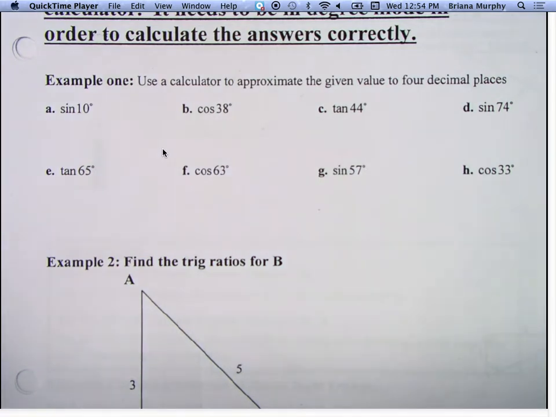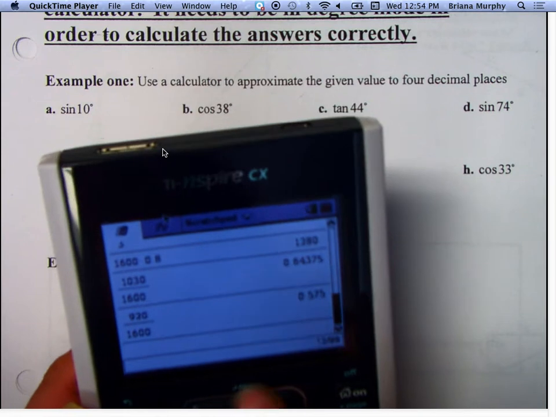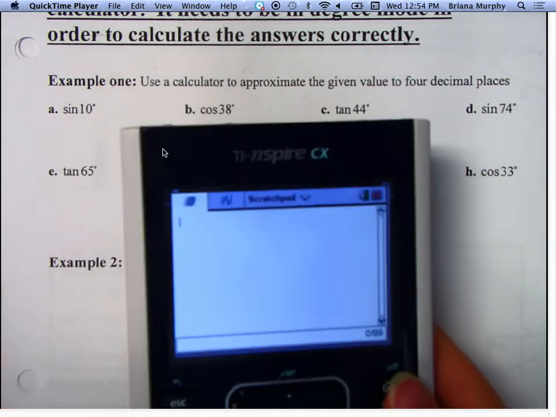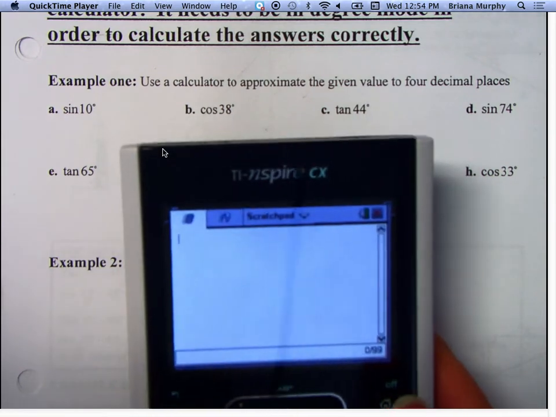Okay, so if we could pull our calculators up in front of us. You don't want to get wrong on the quiz or test because you don't know how to put it in the calculator.